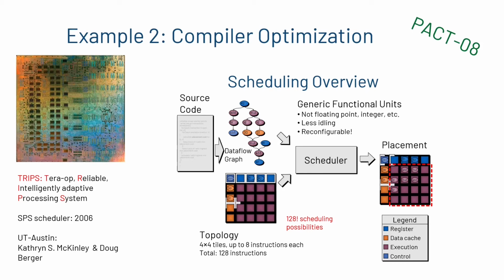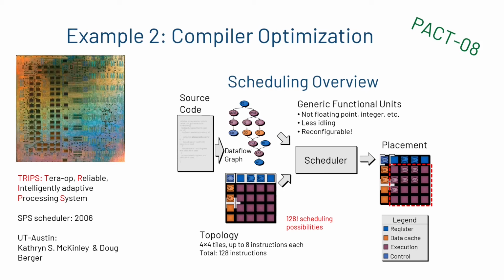There are 4x4 tiles, so there are 16 tiles, and you can put up to 8 instructions on each tile. So you have to figure out, given my data flow graph, which of these up to 128 factorial scheduling possibilities do I want? I need to place all of these instructions onto these generic functional units.